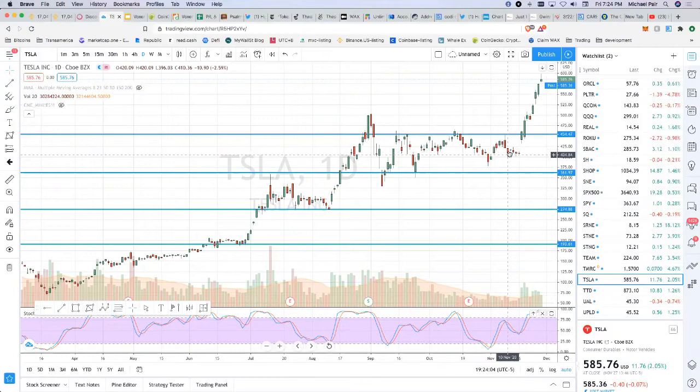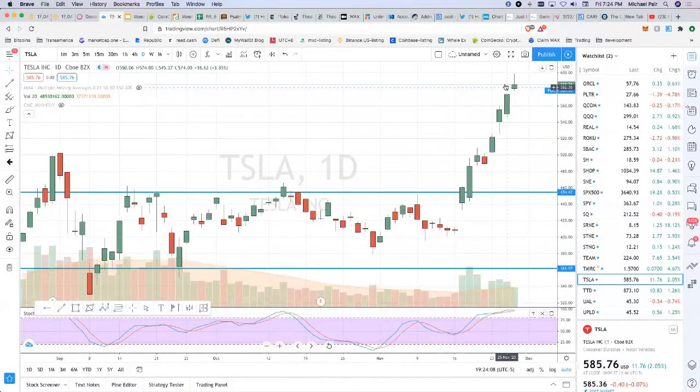So you can say, well, hey, if you wanted to get in Tesla here, it's at an all-time high, and you may not want to buy up here, but then again, this thing is running and you want to participate in some manner. At 585, that's a very rich stock in terms of getting in.